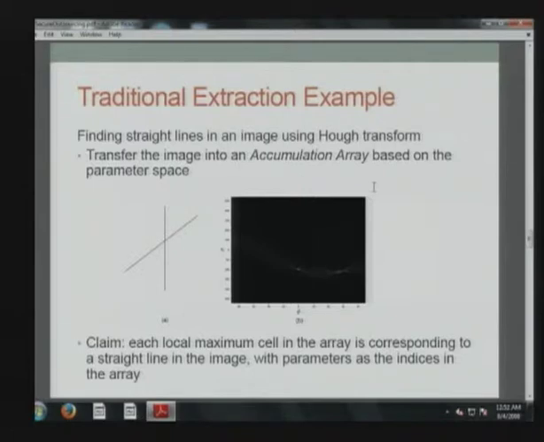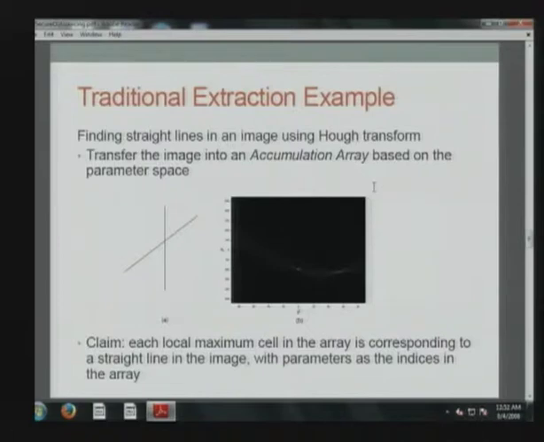So find the parameters of the straight lines. The traditional algorithm is called the Hough transform. First, it transforms the image into an accumulation array based on the parameter space.